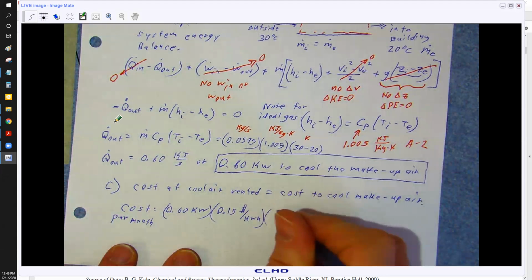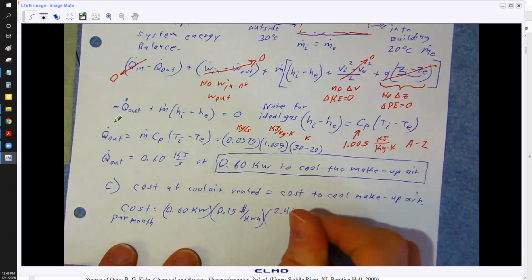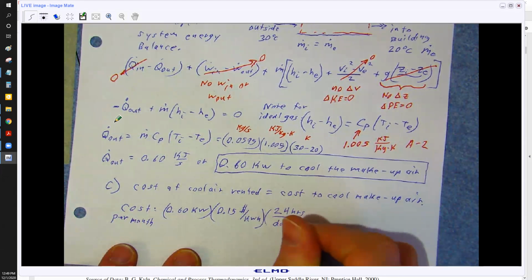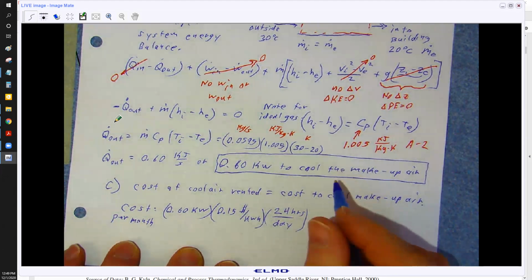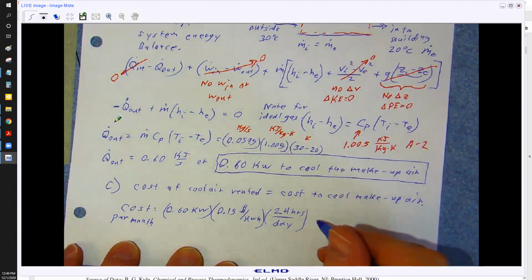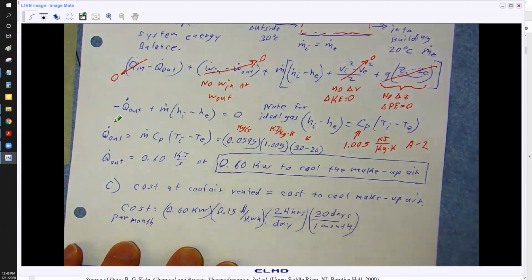We have 24 hours in a day. That's going to get rid of the hours, so now we'll have kilowatt days. And then we have 30 days in 1 month. Because this is kilowatt hours, we want to get hours up here per month.